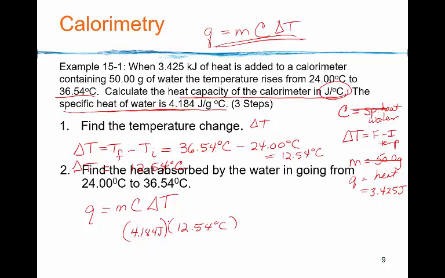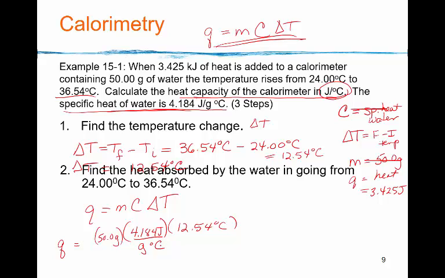Notice that those are joules over grams degrees C, and then the mass, it told me, was 50 grams. So the heat absorbed by the water is 50 grams of water times the specific heat of water times how much the change in temperature was.